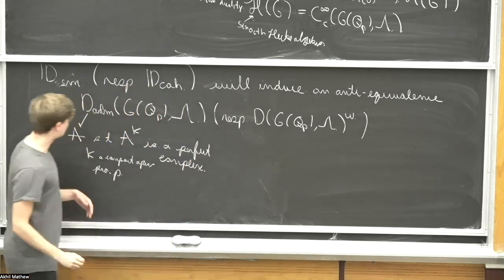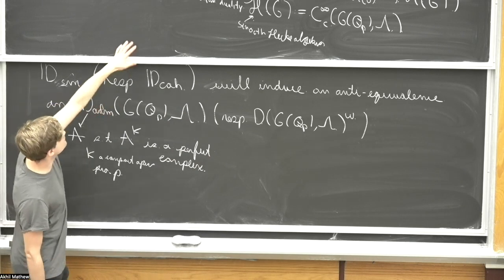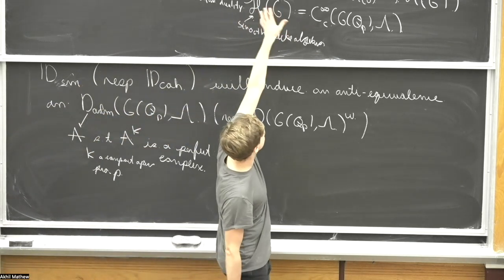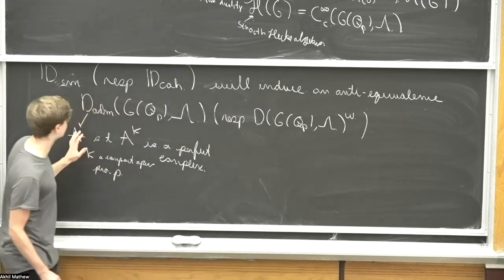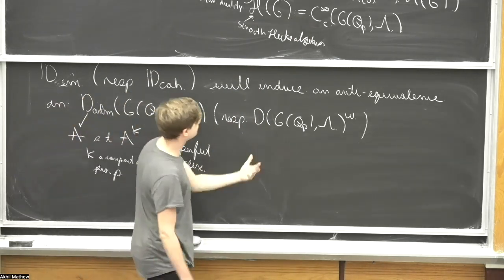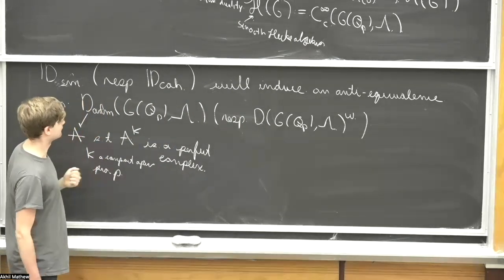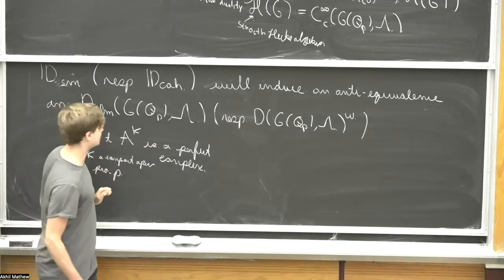So in particular, this is easy to believe because this is going to behave a lot like the usual notion of duality on vector spaces. And so this is going to reduce to this fact that I mentioned before, that you can single out the finite dimensional vector spaces as the ones that are isomorphic to their double dual. Well, at least when Lambda is a field.